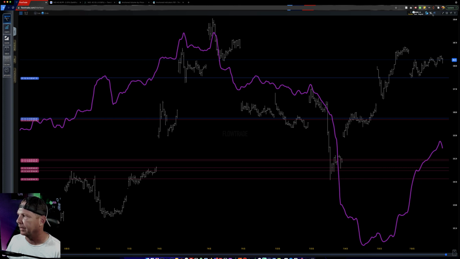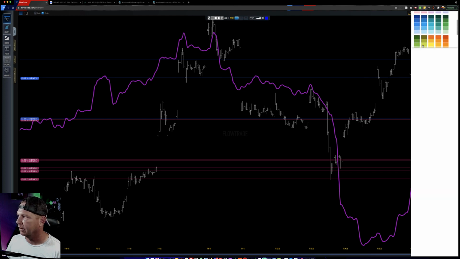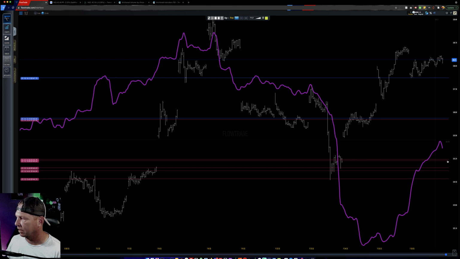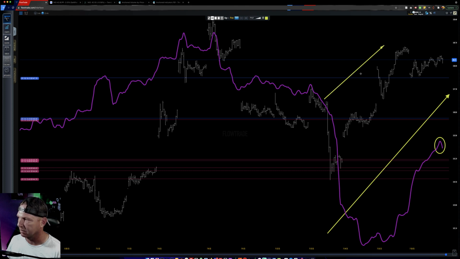Okay, let me just throw those up. All right, so let me just mark the algo up real quick. I'm interested in this interaction here, but otherwise it appears the algo has been pretty much buying with price action. All right, so price is going up, the algo is going up.